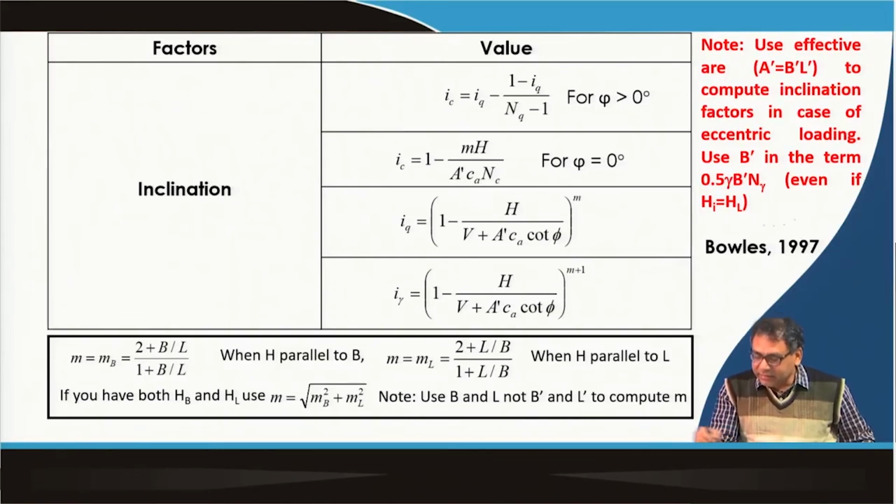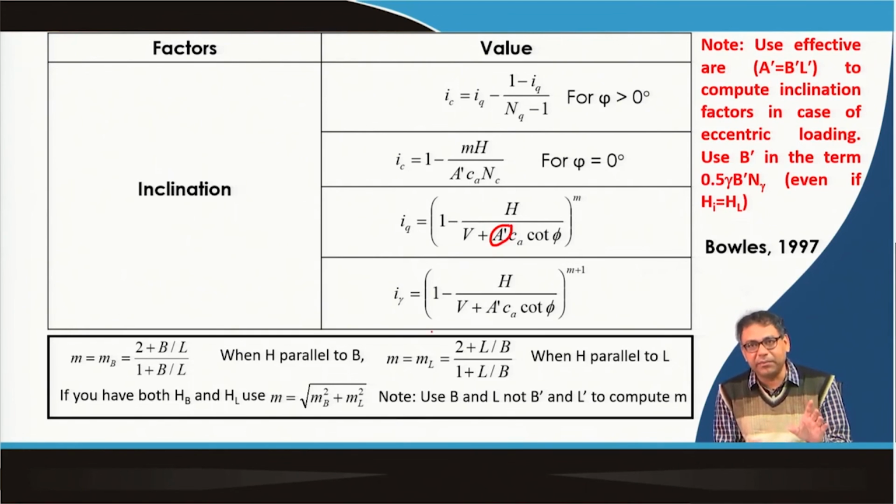That note is mentioned. You have to use B and L during calculation of M, not B dash and L dash, but you have to use the effective area A dash during calculation of iq and i gamma. So A dash will be the effective area.